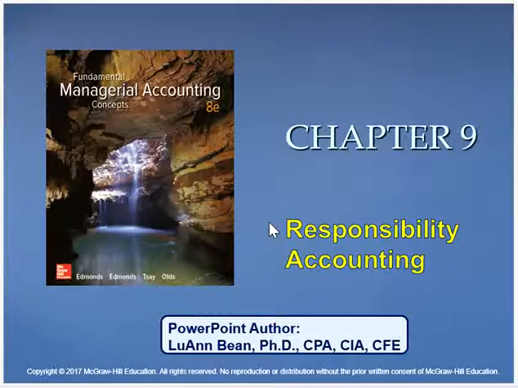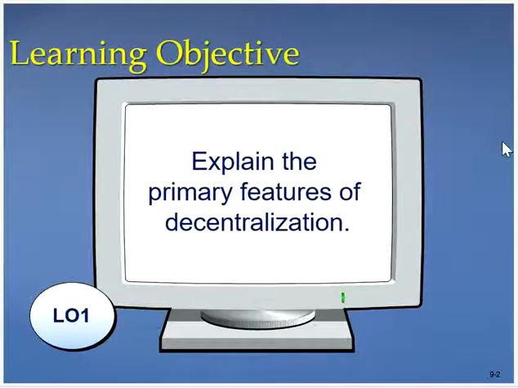Now, to start our chapter, we have the very basic concept which we call decentralization. What is decentralization? It is a very important concept. Basically, you delegate authority and responsibility to someone.